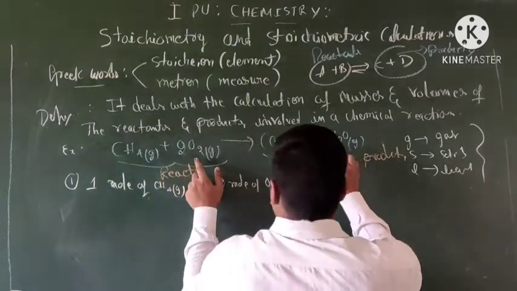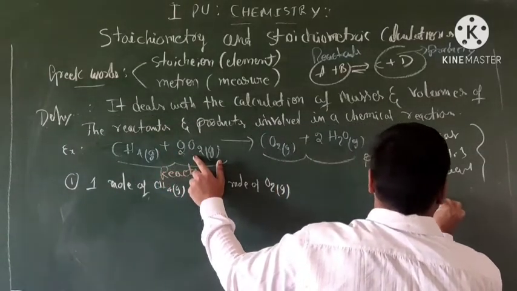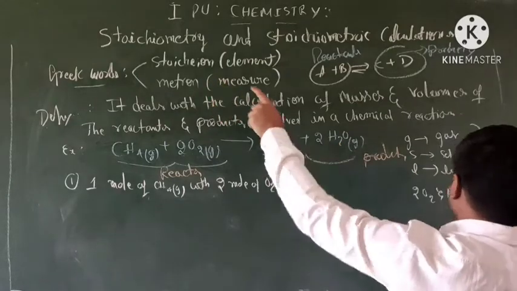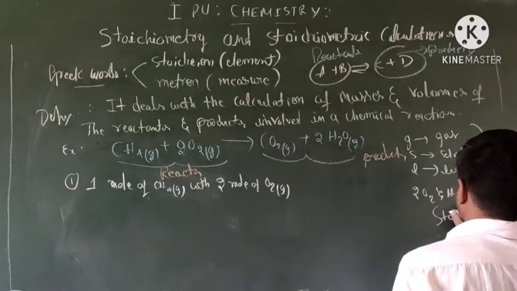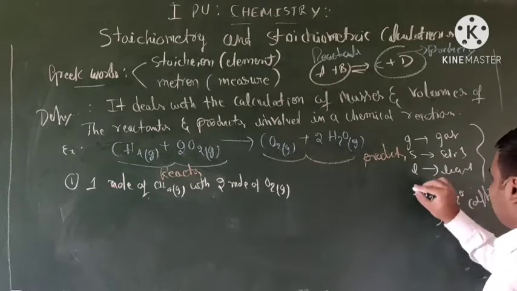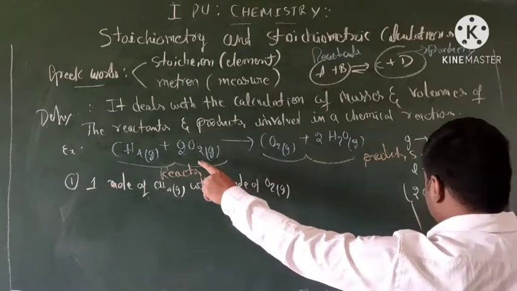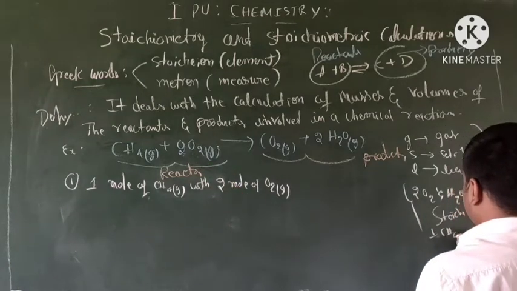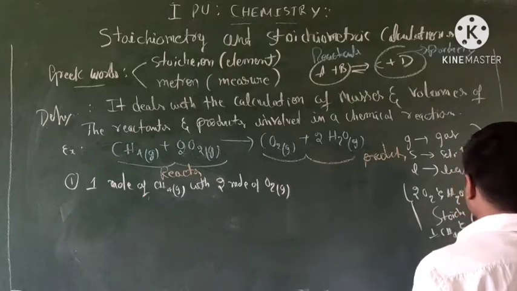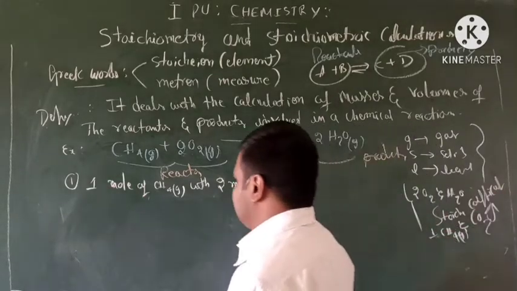In this reaction, the 2 before oxygen and water are called stoichiometric coefficients. The remaining ones, 1 for CH4 and CO2, are also stoichiometric coefficients.